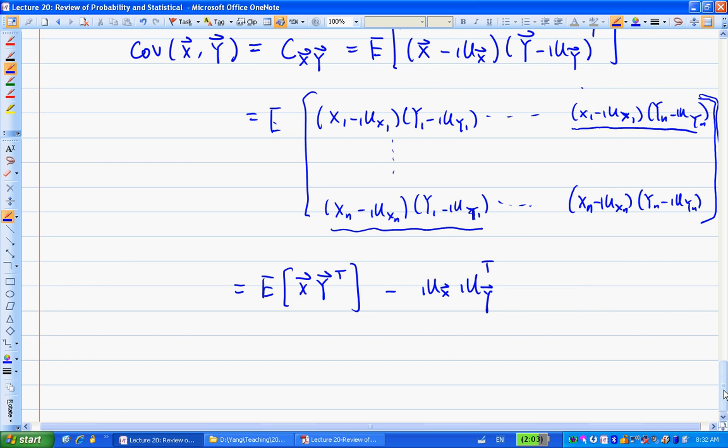So now I'm going to change the y to x here. If you change the y to x, that's what we call the auto covariance now.